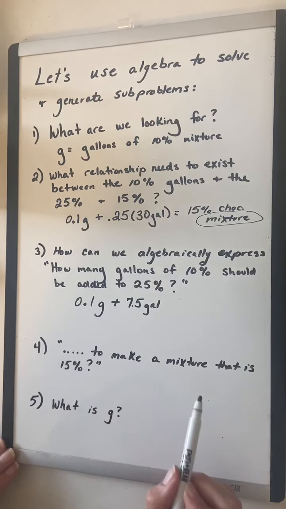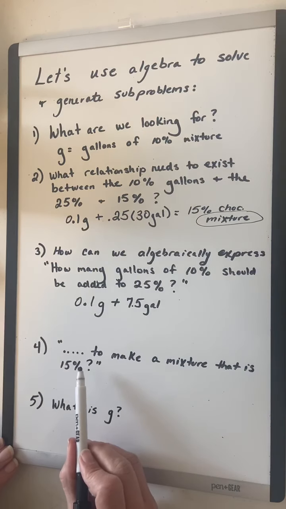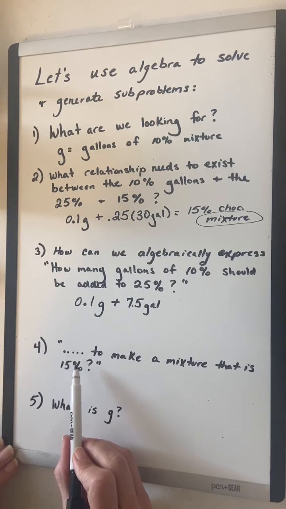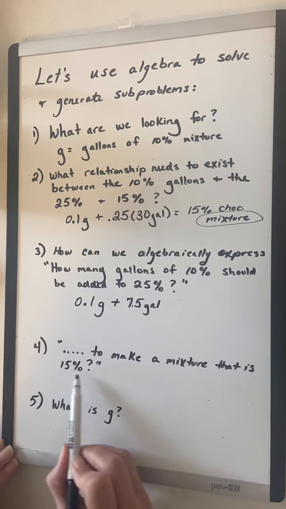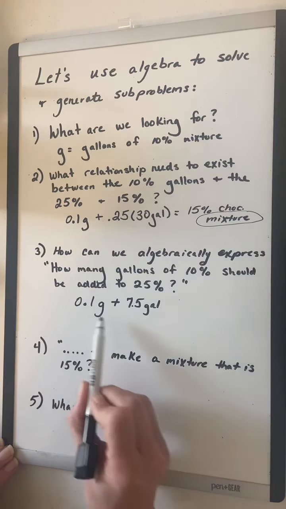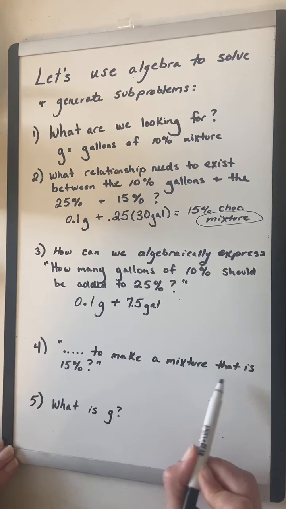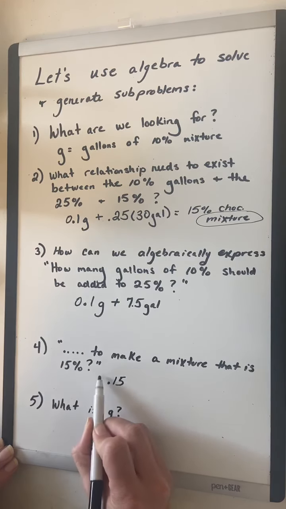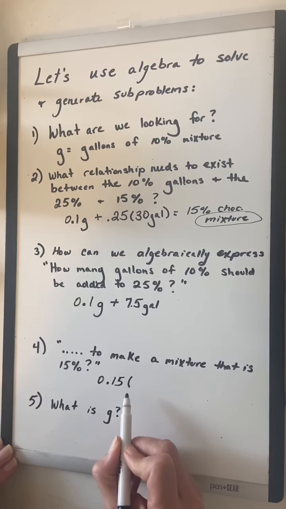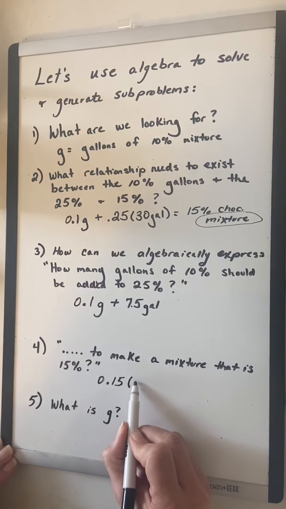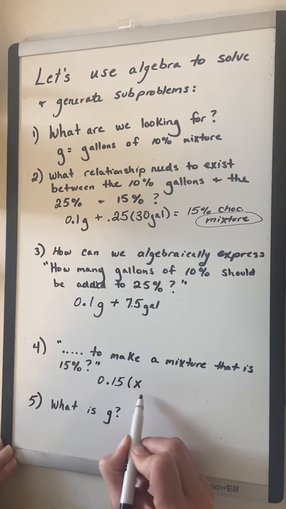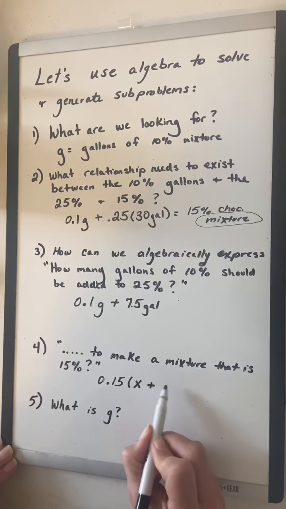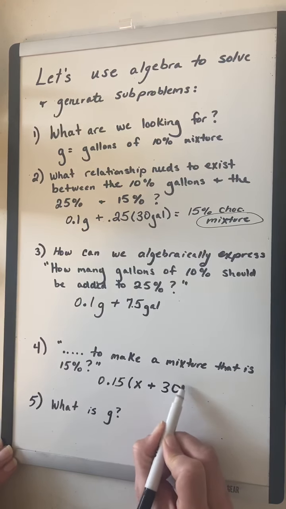So we need to build now a full equation because we need to be able to express algebraically what a mixture that is 15% would look like. Well, a 15% mixture would be 0.15 of our whole. What is our whole? It's the amount of that 10% that you're adding to the already existing 30 gallons.